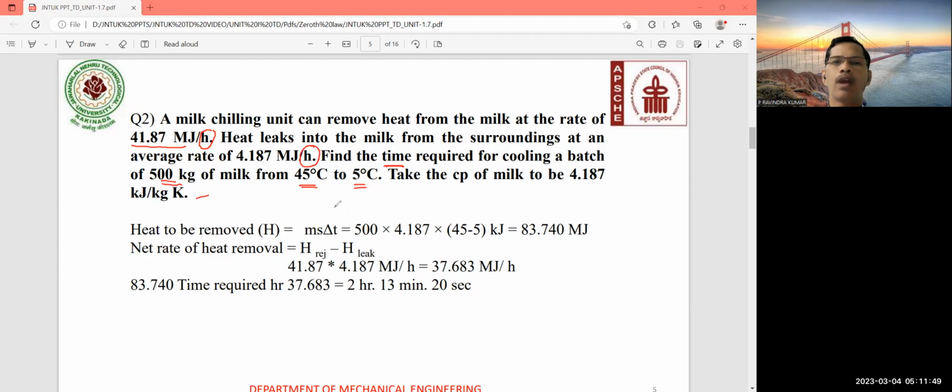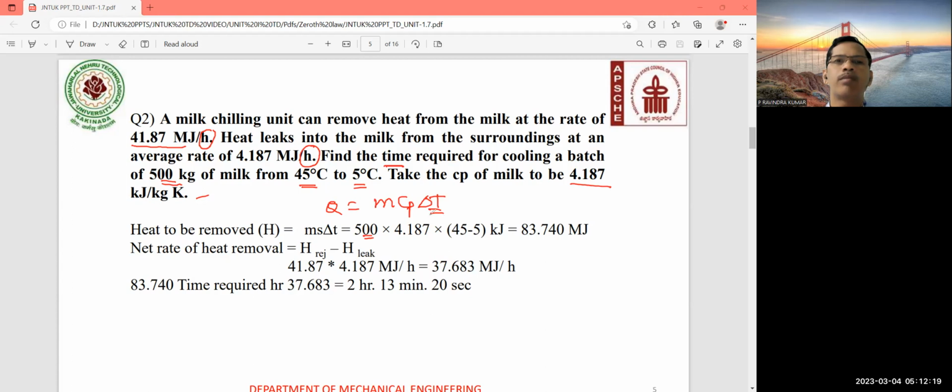We all know that Q is equal to m Cp delta T, where Cp is the specific heat. Here m is 500 kg of milk, and the specific heat of the milk is mentioned as 4.187 kilojoule per kg Kelvin, into the change in temperature.